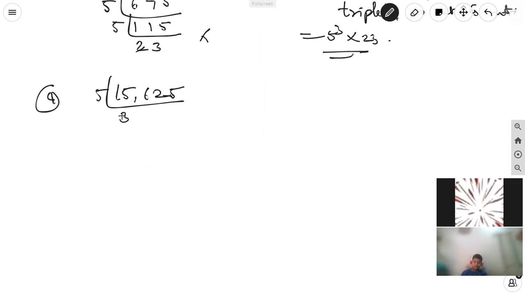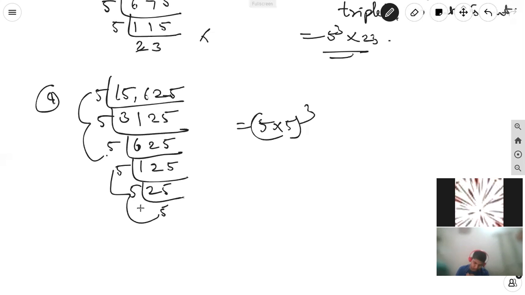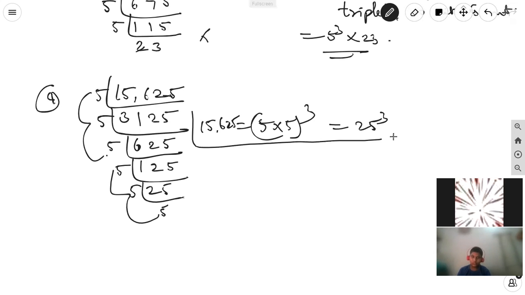Dividing with 5, we get 5 into 5 whole cube, which makes triplets, that is 25 cube. 15,625 is in triplet. Therefore it is a perfect cube.